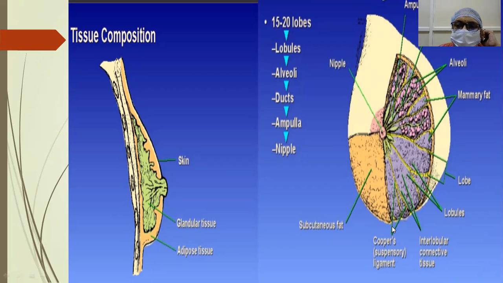And look at these yellow strands. These are the fibrous septa, called the Cooper's ligaments. Then into alveoli, then into ducts. So lobules and their ducts and ampulla and then into the nipple.